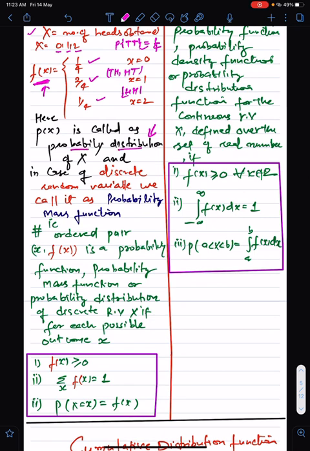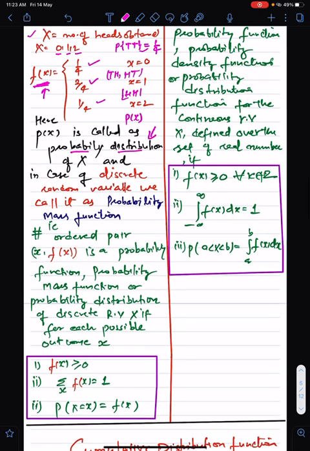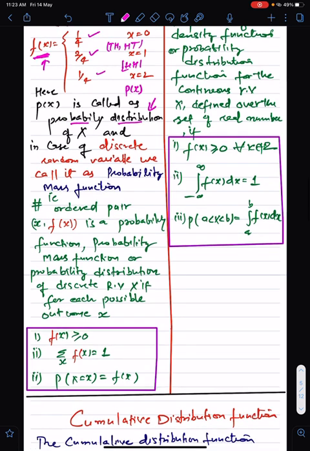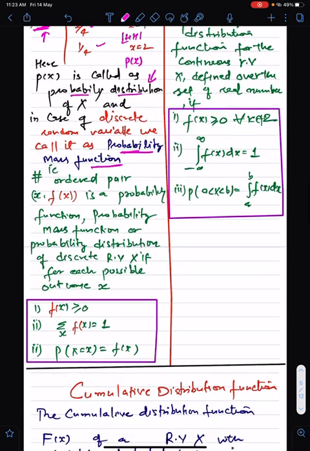In some books it is denoted by p of x as well, to signify that it is a PMF, defined for a discrete type random variable. But in this book it is usually denoted by f of x. So in the case of a discrete type random variable, we call this function f of x a probability mass function. This is important, and you may find it in questions very often.